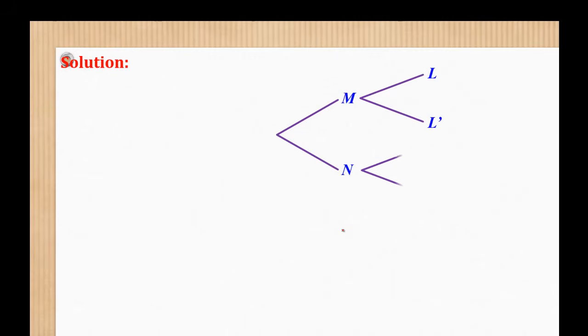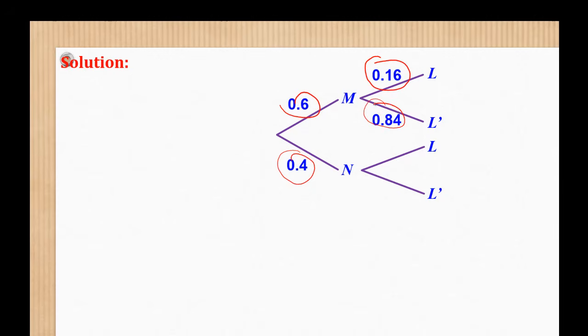So we shall draw our tree diagram, M, then N, then late given M, not late given M, like that. So we shall put the probabilities. Passing via M is this, passing via N is this. When I pass via M, the probability that I'm late is this, so 1 minus 0.16 is what you put here. When I pass via N, the probability that I'm late is 0.06, so 1 minus 0.06 is 0.94.